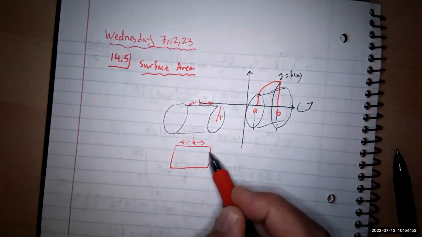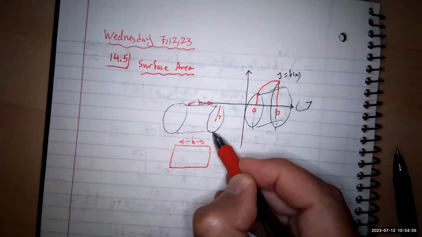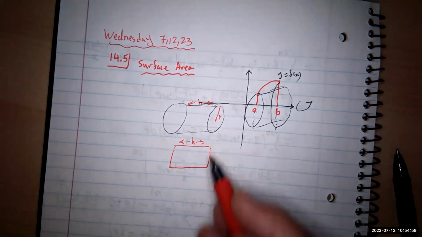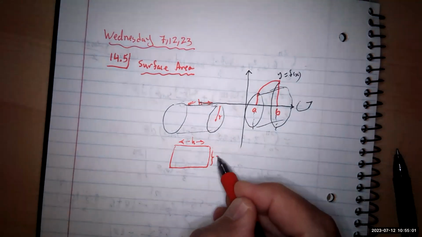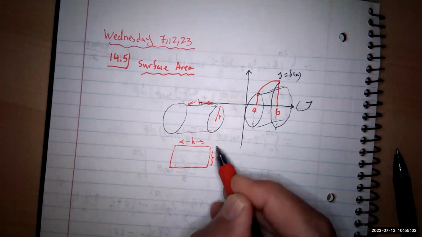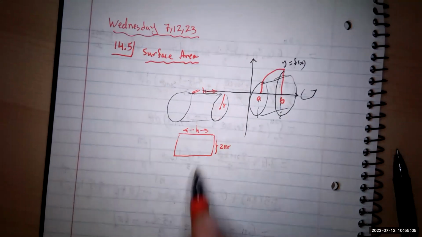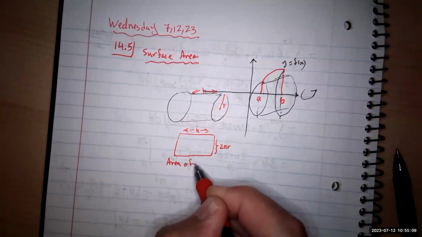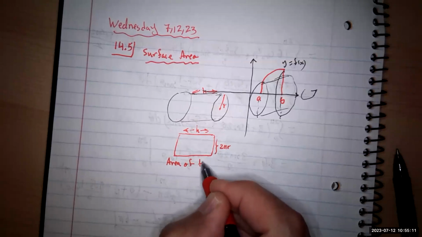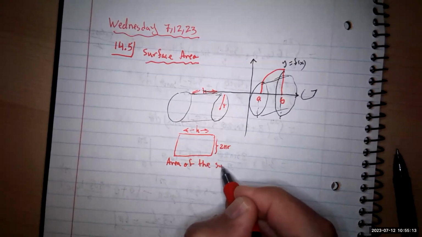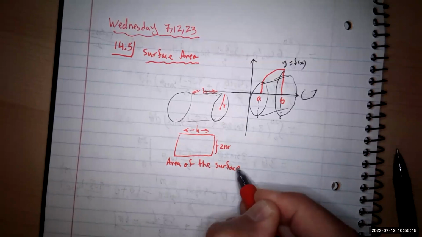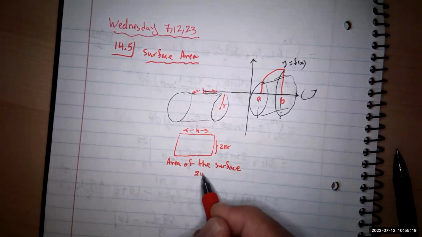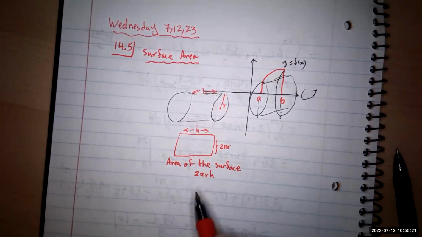This is coming from when you go around the circle, so this length is going to be 2 pi r, the circumference of the circle. So the area of the surface, just to give you a rough idea, is going to be 2 pi r times h.